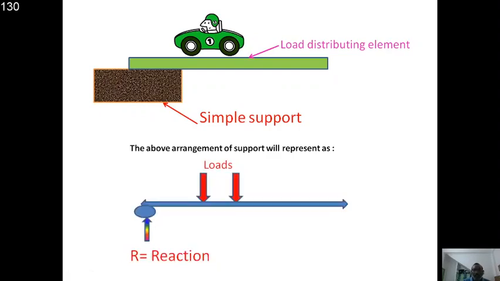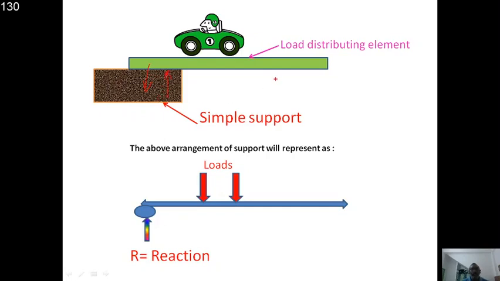In the simple support, we don't have any fixing arrangement of the supports to the load distributor elements. Hence, they simply transfer the loads to the simple support, and the simple support gives the reaction in the perpendicular direction to the actions.